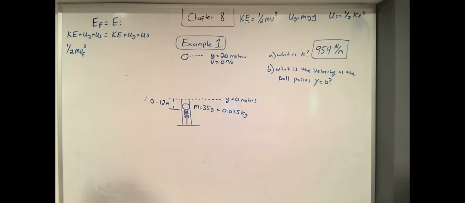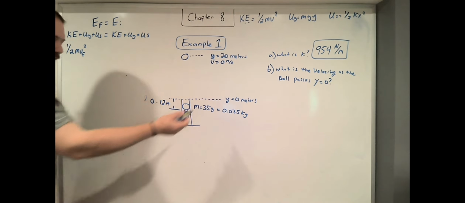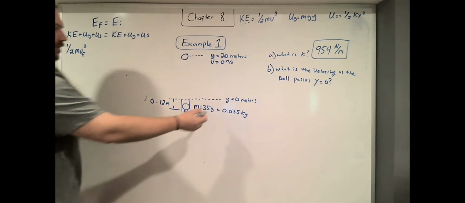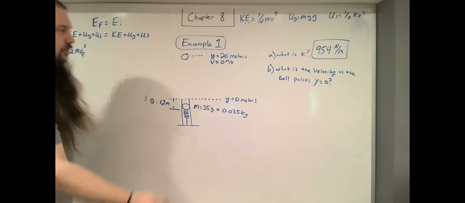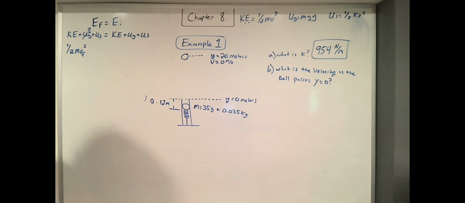Does it have gravitational potential at that point? So I'm looking for the y value. It has a y, but it's 0, which means it will have no gravitational potential energy at that point.